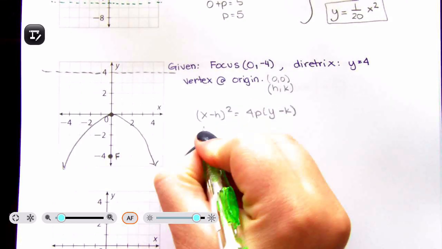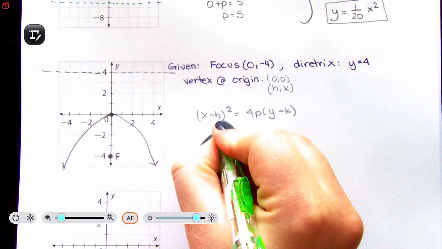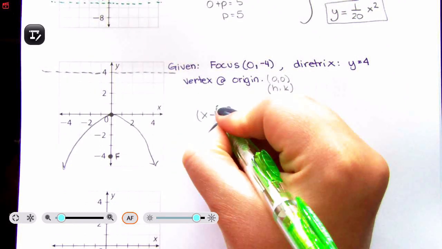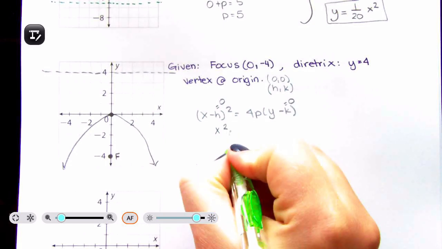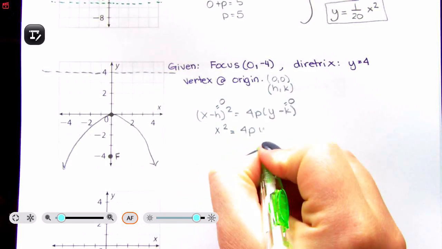Again, origin. So we're going to rewrite this. I'm not going to put 0 in here, but we know that h is equal to 0 and k is equal to 0 from our origin, and I'm going to simplify it a little bit.